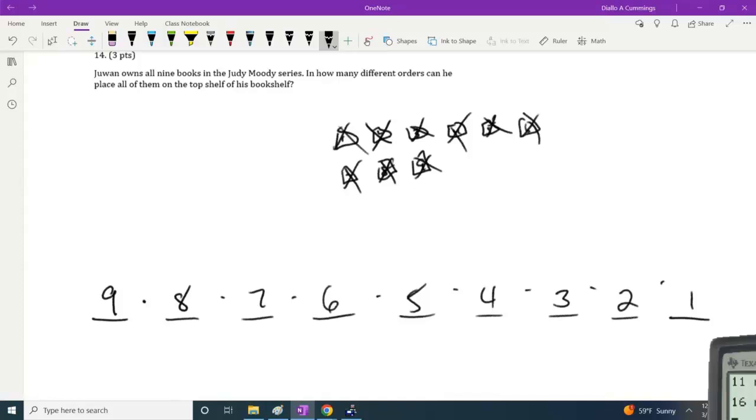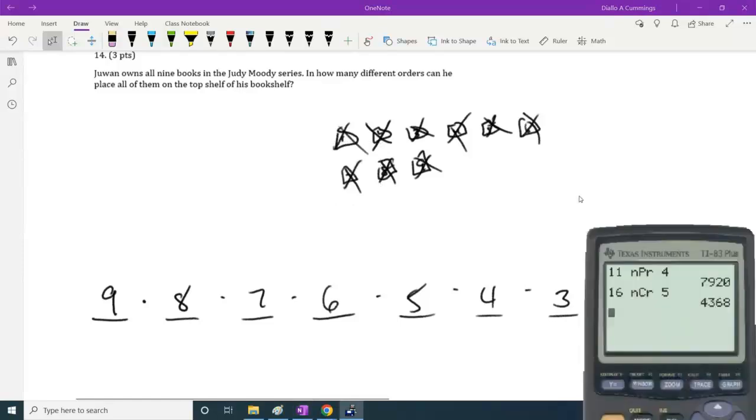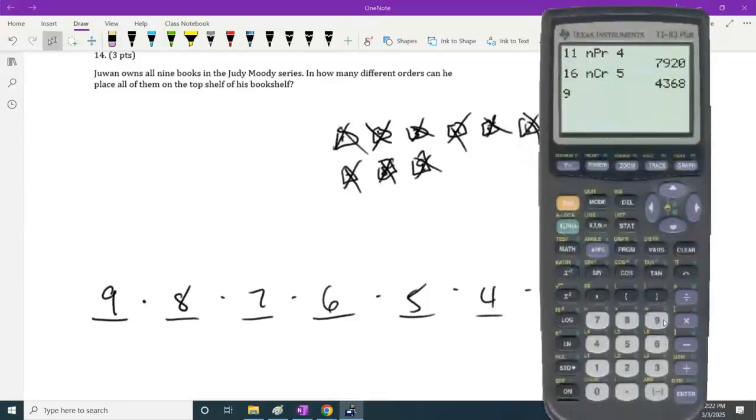This is also known to be a what? A factorial, when you have decreasing integers being multiplied together. So to find the answer to this, I can multiply 9 times 8 times 7 all the way up to 1. Or I can use that factorial. So I want to put in 9. I want to go back into math. I want to scroll over to probability.